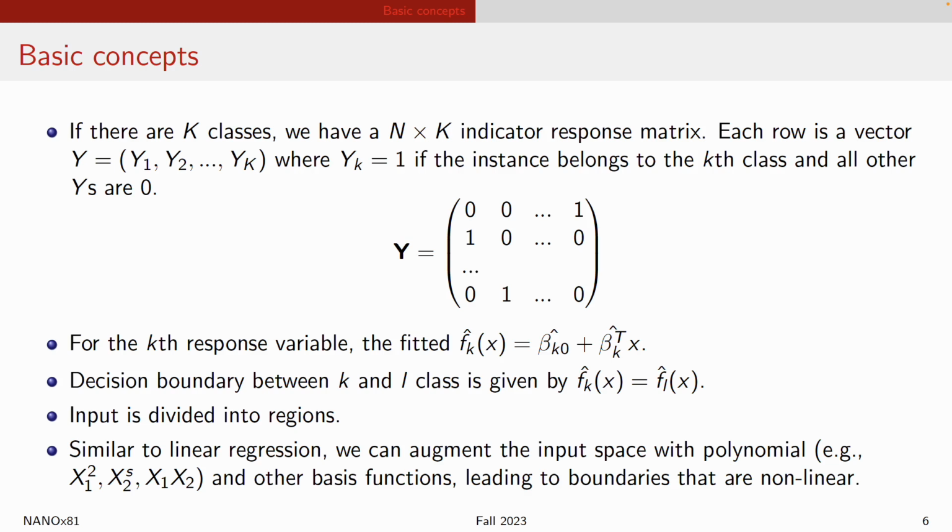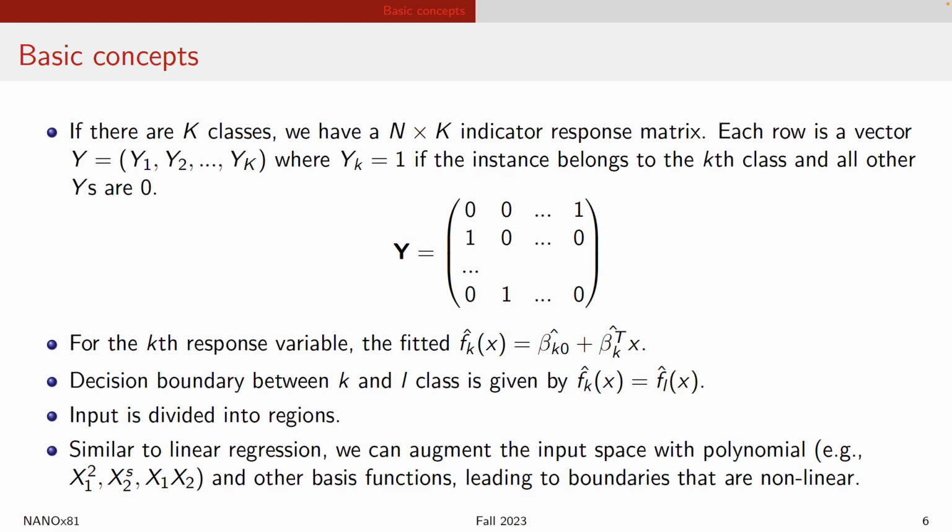And then, of course, you're not going to get 0 and 1 now. You're going to get some predicted value since it is a regression model. And all you are going to do is that you're going to say the highest value in a particular row indicates the predicted class.